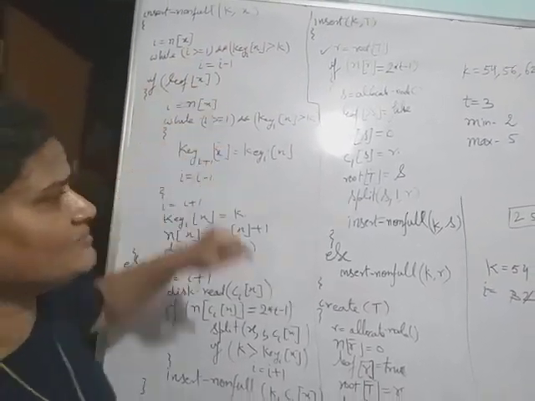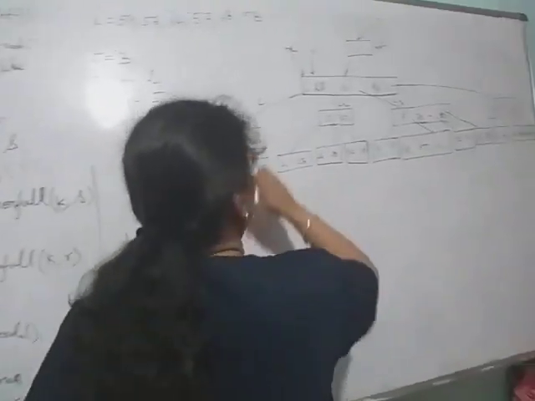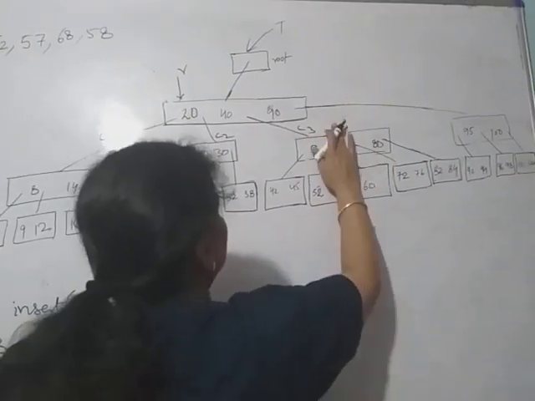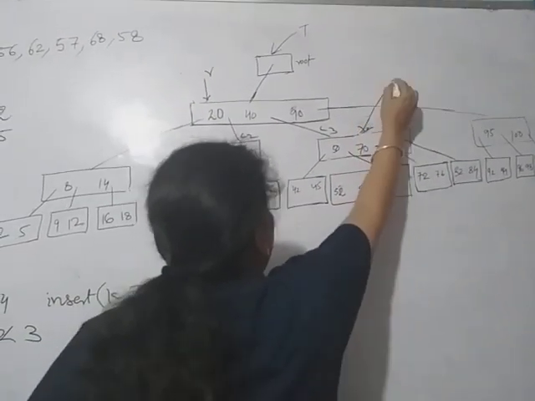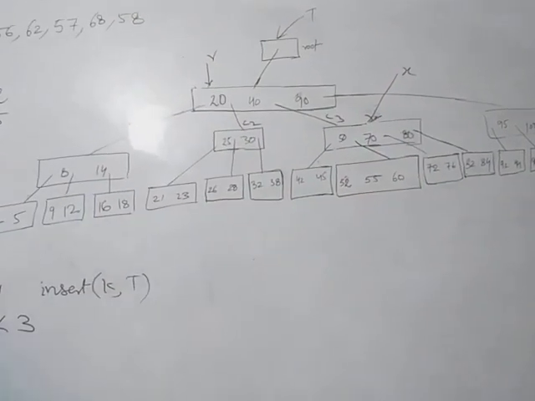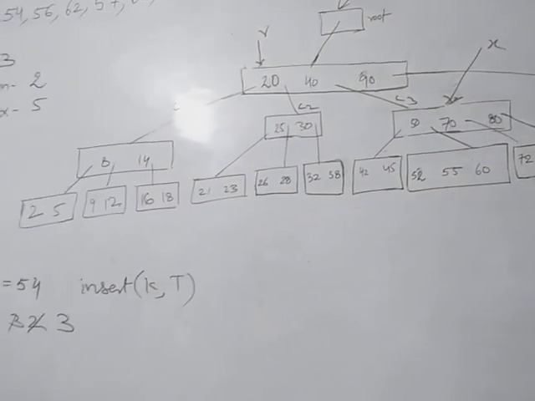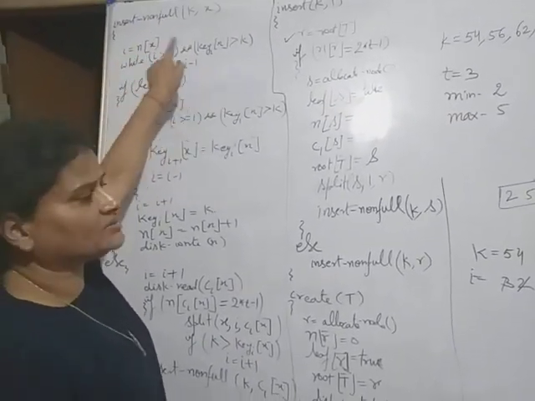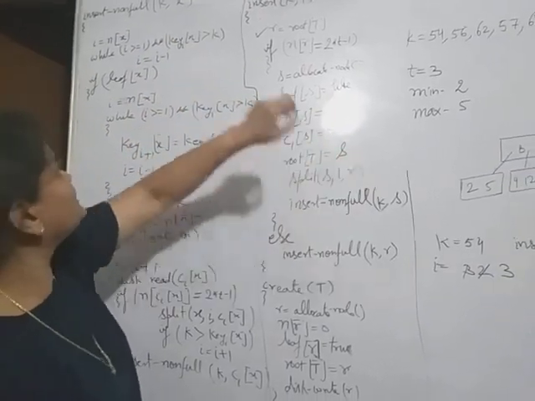Now K is 54 and x is pointing to this node in the recursive call. I equal to nx.